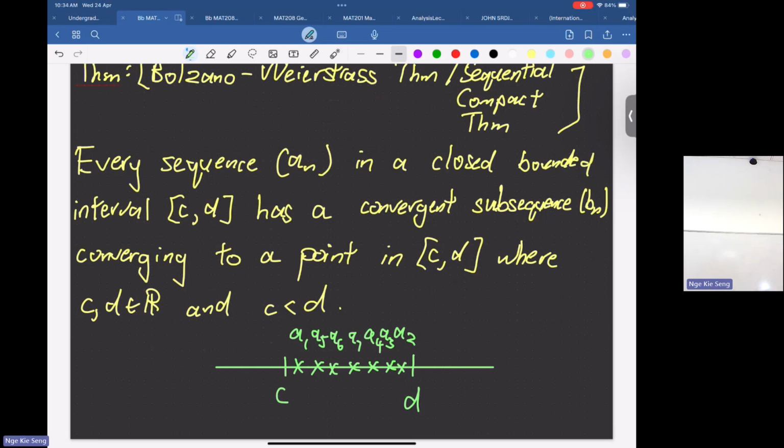But it says that there's a convergent subsequence, meaning what? Maybe you pick a2, maybe you pick a4, a5, a7, and then you pick in such a way that the sequence will converge to one point. But how to construct this convergent subsequence?